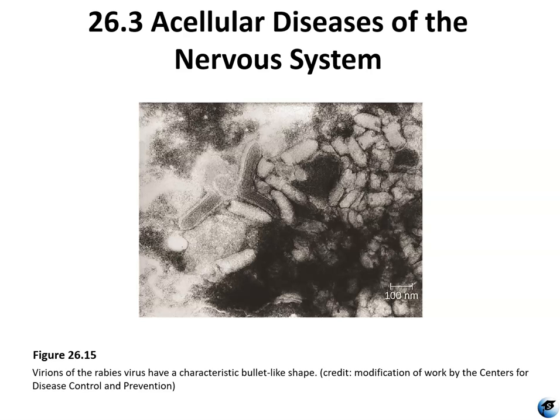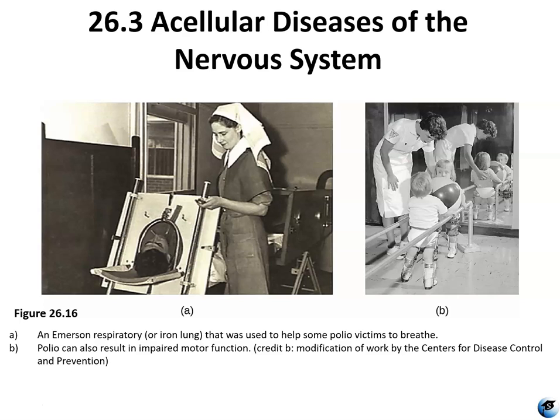Passive immunization is given at the time that the patient has been bitten, just as soon as possible. This will increase the level of protection. So in figure 26.15, you can see the rabies virus that has a bullet shape, which is kind of ironic as it is a deadly disease.